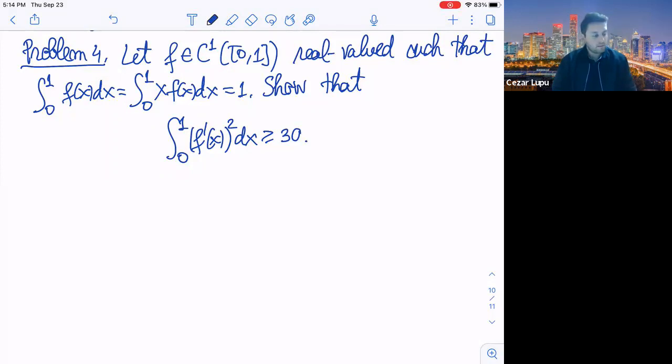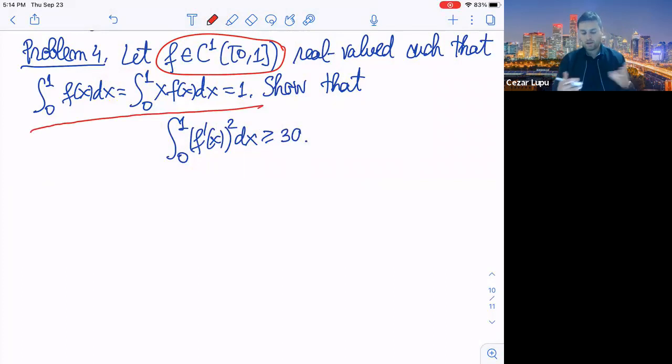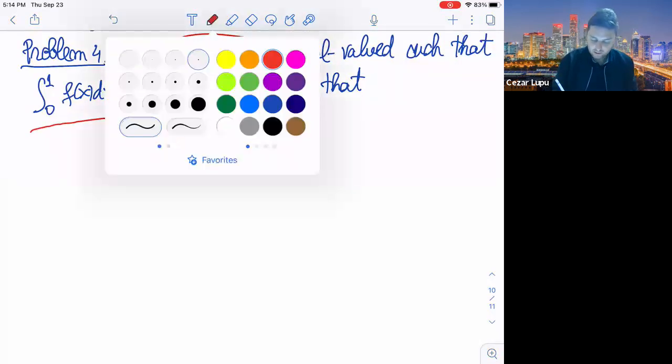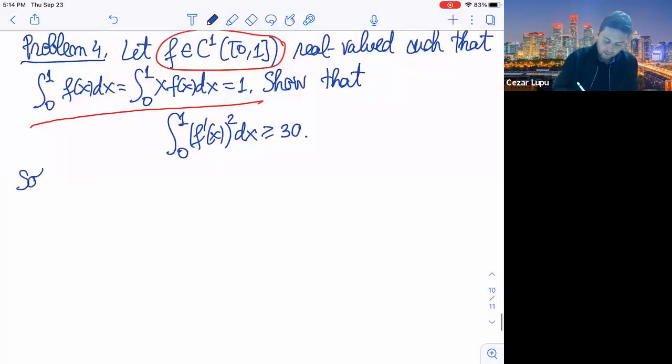All right, that's great. So maybe I can do some integration by parts. This is an important piece of information, and of course I have this, which I can do something about. So I can integrate by parts, that's great. So let's integrate by parts.